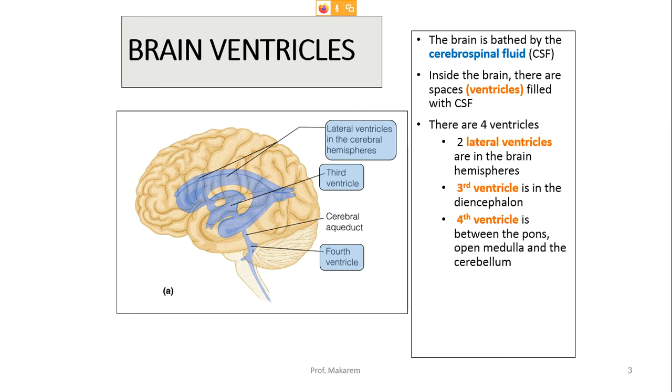The fourth ventricle is between the pons and medulla and the cerebellum. The third ventricle is present in the diencephalon, and the two lateral ventricles are present in the cerebral hemispheres.